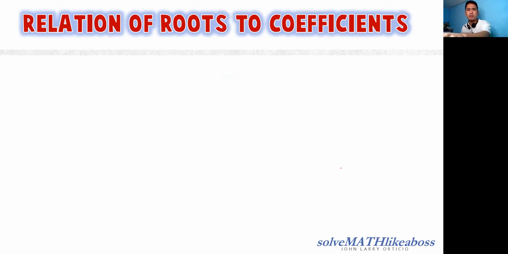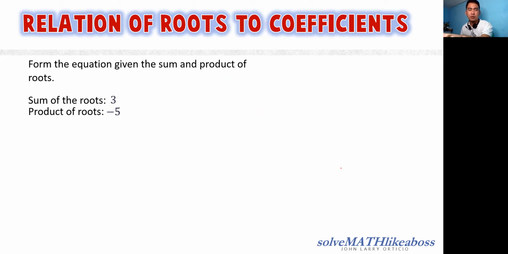What if vice versa? Binigay yung sum and product, tapos kukunin natin yung equation, i-derive. Paano? Di ba yung sum natin ay opposite noong sign ng B? Yung product natin nung C naman. So, ibig sabihin, pwede natin gawing formula ay x squared minus sum, kasi opposite sign, di ba?